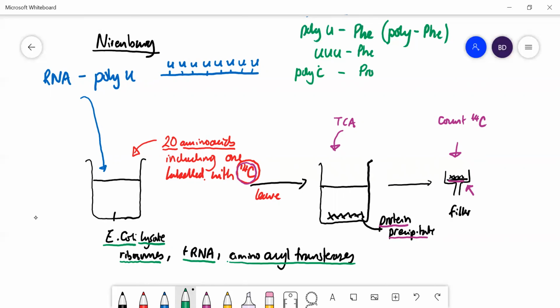So from that, they worked out that CCC is the codon for proline. They did the same with poly-G, and they worked out that that was glycine. So they know that the codon for glycine is GGG. And then the last one they did was poly-A.